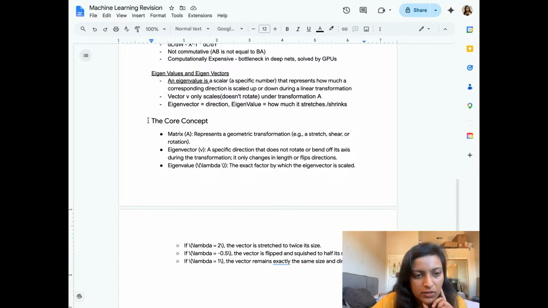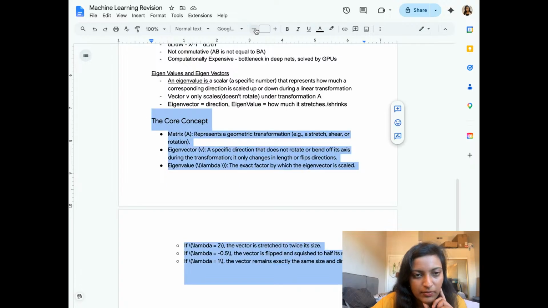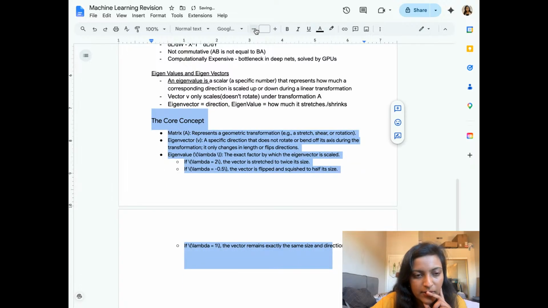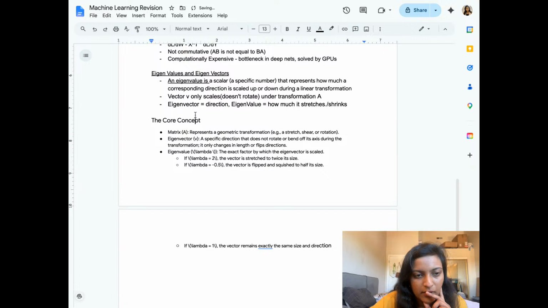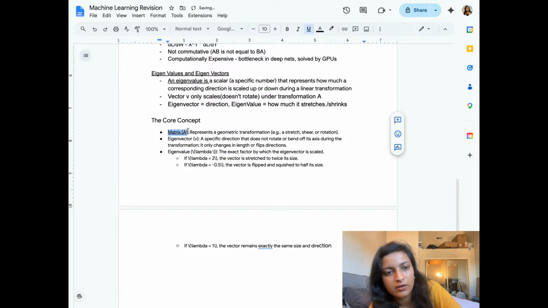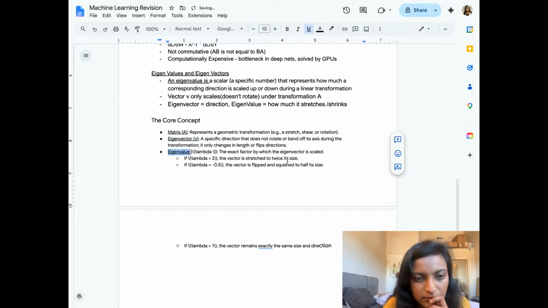So core concept is matrix A represents a geometric transformation, either shear, stretch, or rotation. Eigenvector v specifies a direction that does not rotate the axis during the transformation.